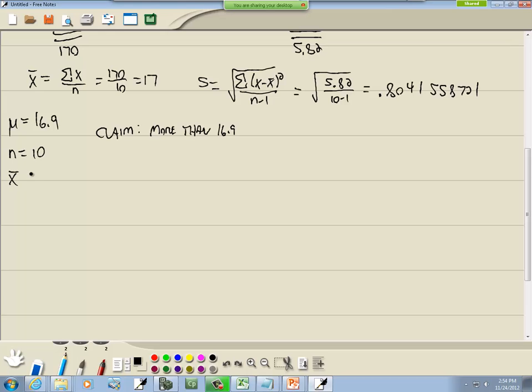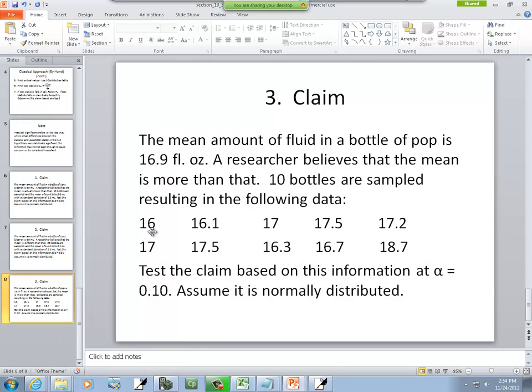And we found up above that X bar is 17 and S is equal to 0.8041558721. Test the claim based on this information, where alpha is equal to 10%.